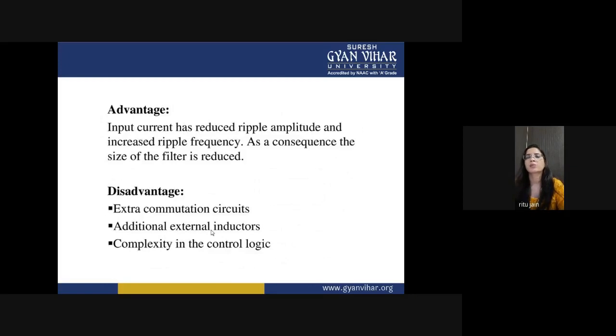The advantage is that input current has reduced ripple amplitude and increased ripple frequency. As a consequence, the size of the filter is reduced. The disadvantage is that extra commutation circuits are used, additional external inductors are required, and there is complexity in the control logic.